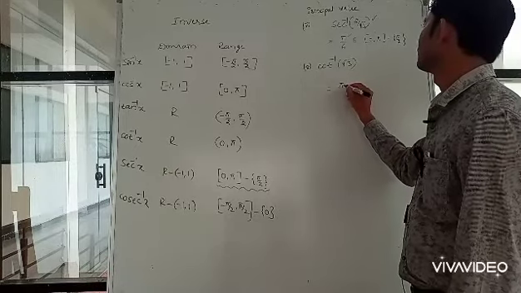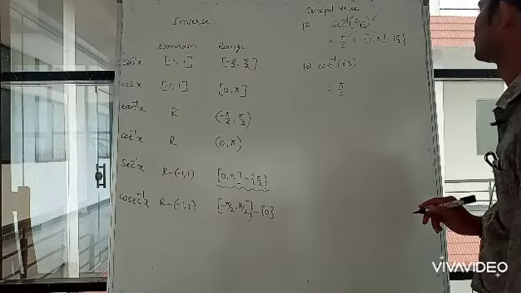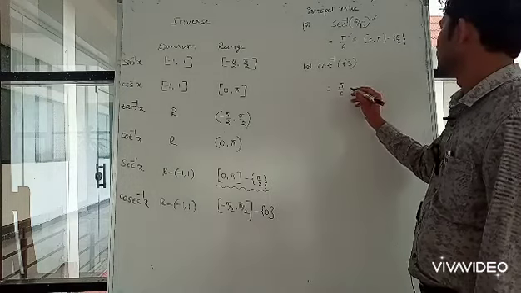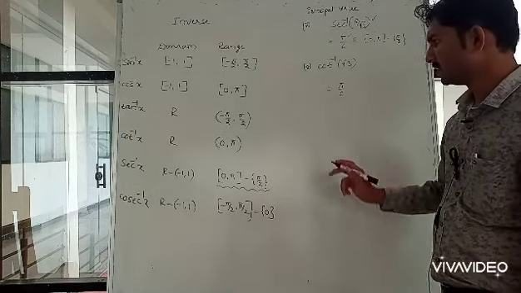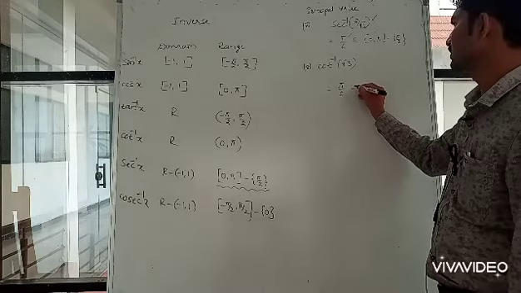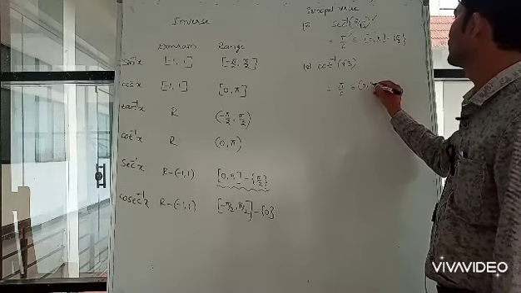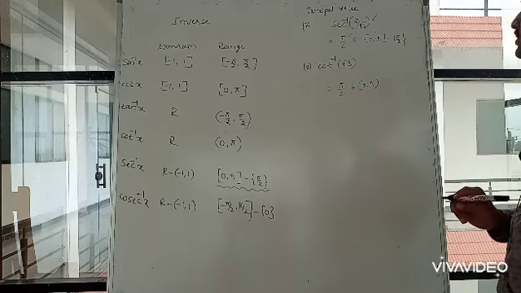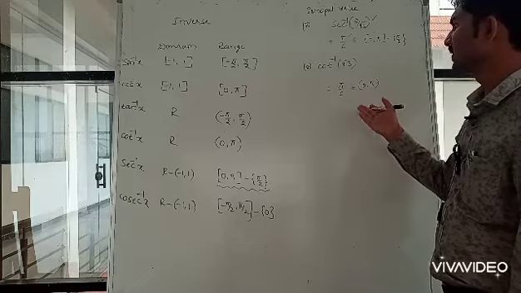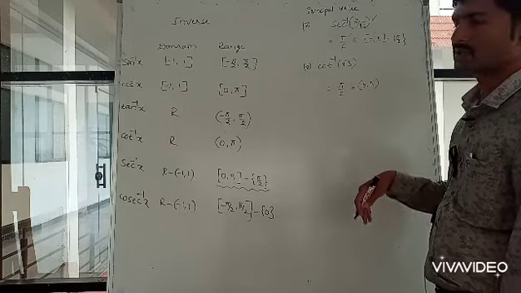It is also π/6, correct. Whether it lies between the range, yes, of course it is right, 0 to π, it lies between 0 to π. Otherwise, if it does not lie between these two, we need to reduce it, right.